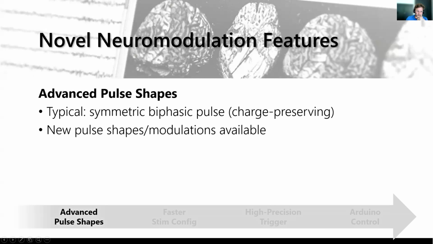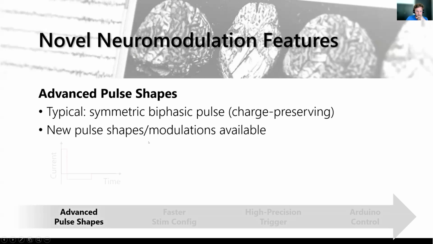Symmetry in one way is very important, because the positive and the negative lobe of the pulse have to inject and take back the same amount of charge, as you want to keep the charges at the same level.